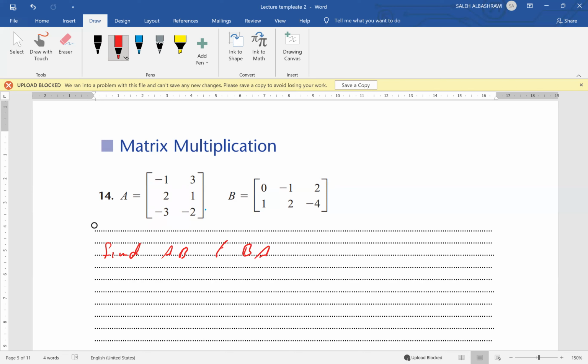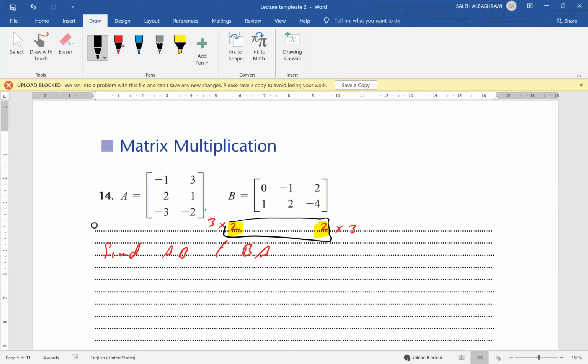Let's see. The size of the matrix A is 3 rows and 2 columns. Matrix B is of size 2 by 3. So the number of columns of matrix A is equal to the number of rows of matrix B, which means that this multiplication can be done.